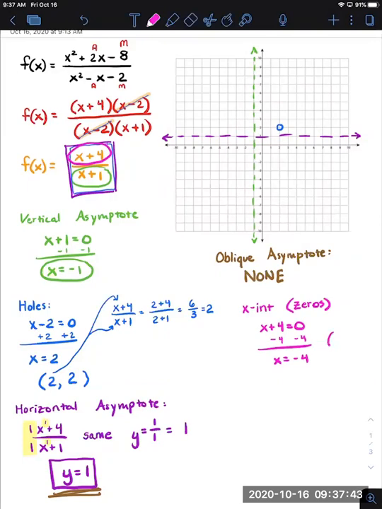So I would write it as -4, comma 0. And I can also put that on the graph. All right, that's a closed circle because it's an actual point on our rational function. So -4, 0, I'm going to put a point. Next, I have to find the y-intercept.